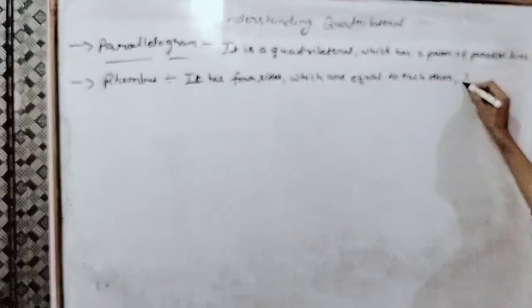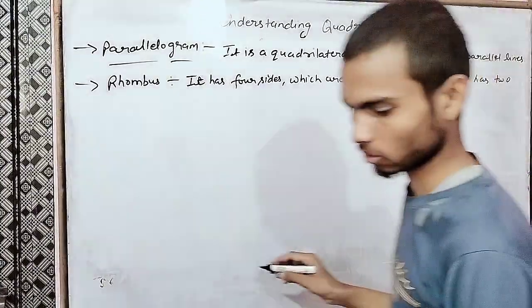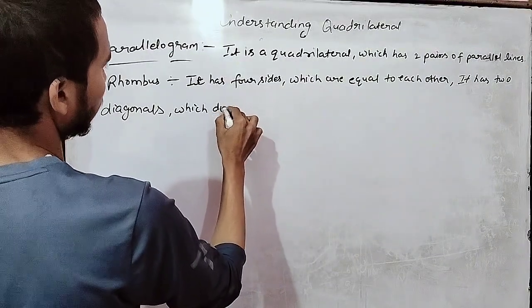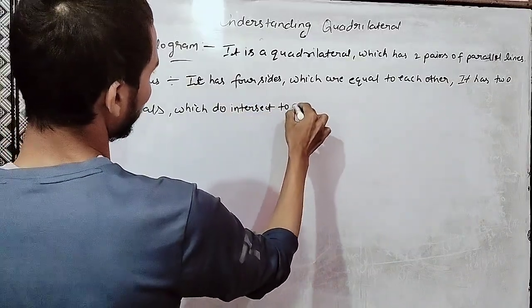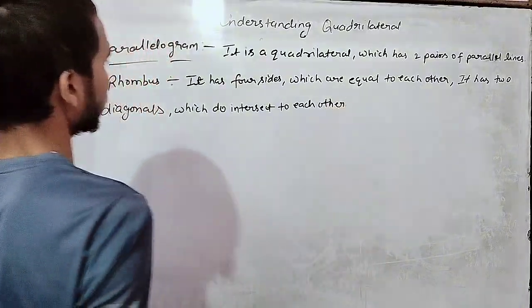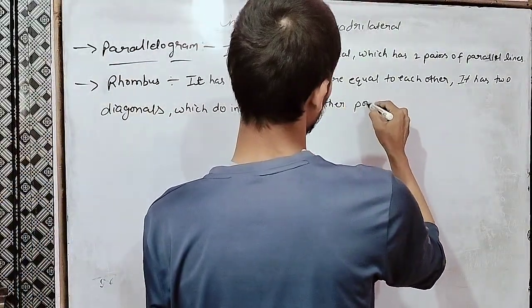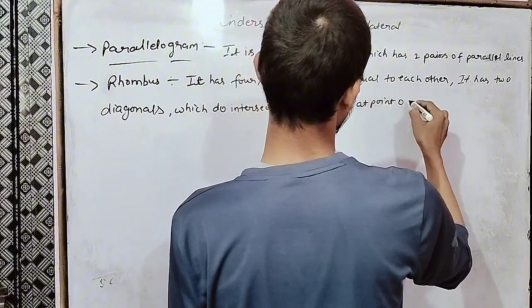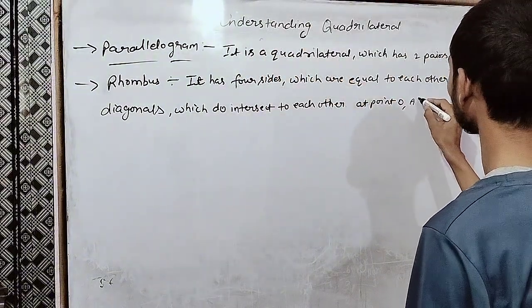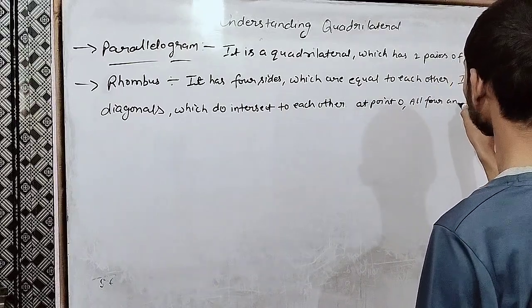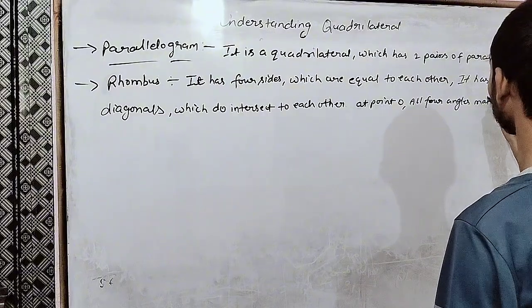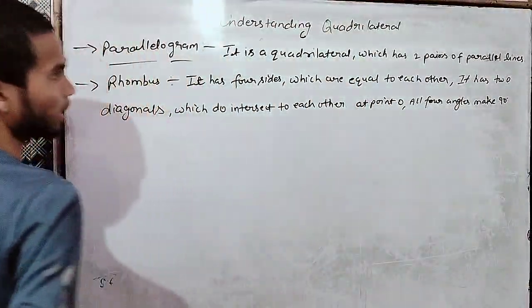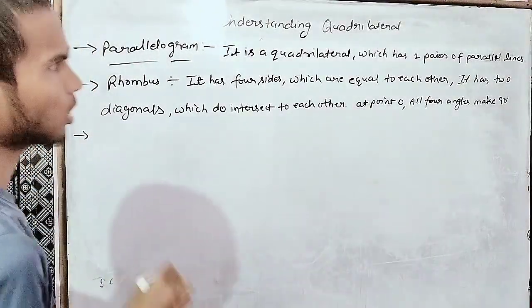It has two diagonals which intersect each other at point O, and all four angles at that point make 90 degrees. Okay, then next after rhombus.